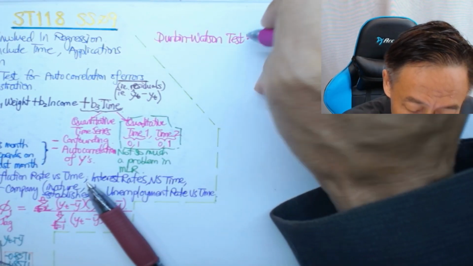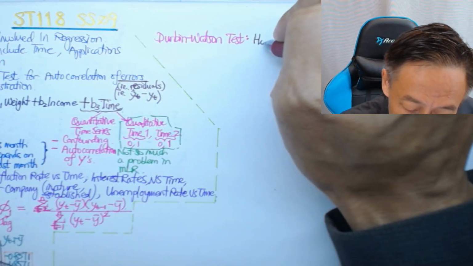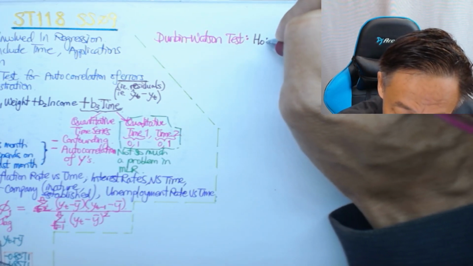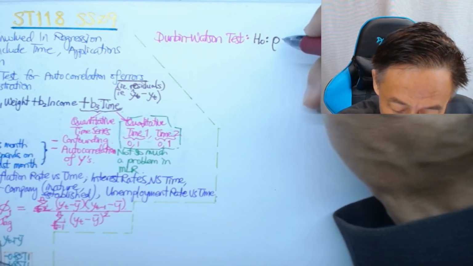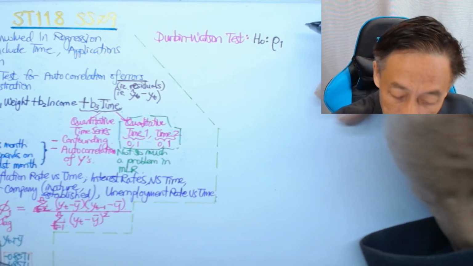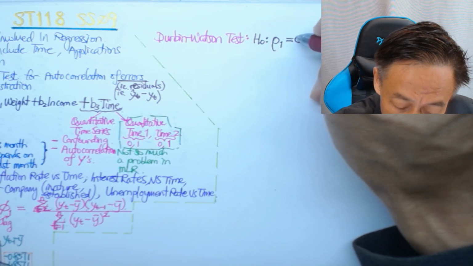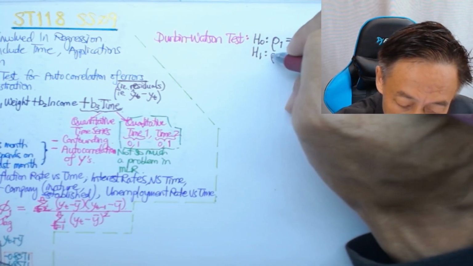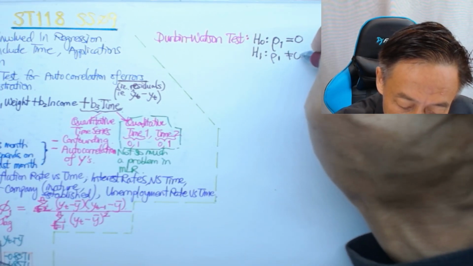has the hypothesis H0 that the population autocorrelation of order 1 is 0. And of course, H1: rho 1 is not 0.